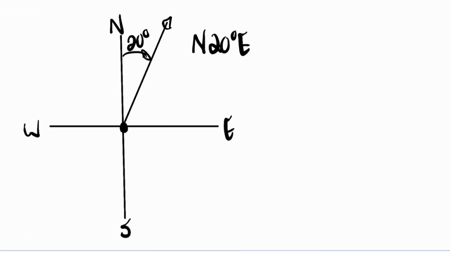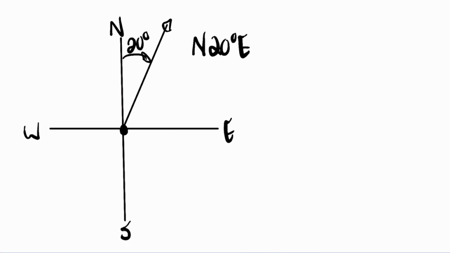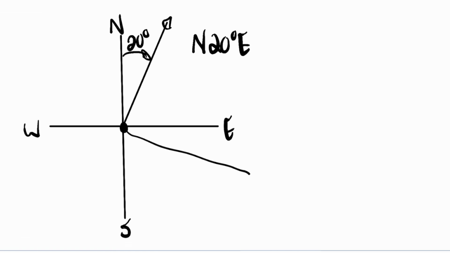You always refer to the north or south first, and then you give the degree deviation from due north or due south, and then you give, are you going east or west? So if I had one like this, this isn't quite 20 degrees off of east. Let's say it's 15 degrees, just to pick a number.